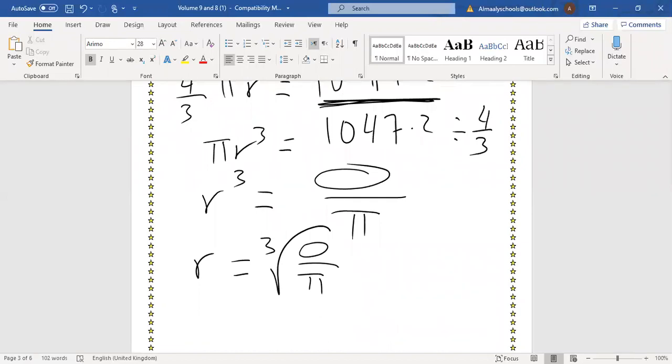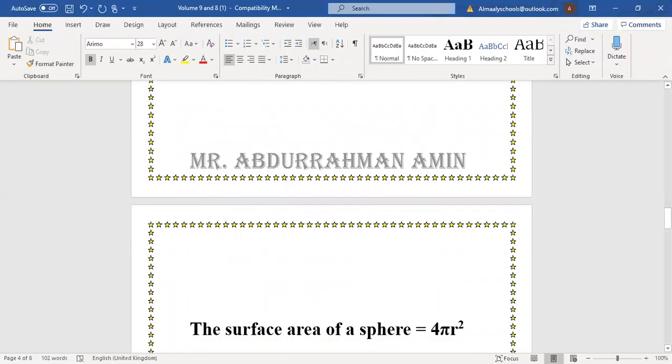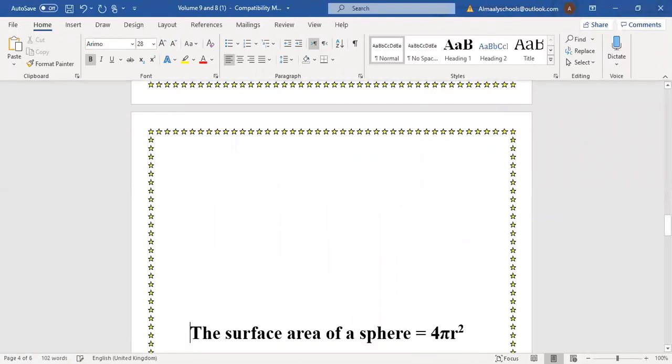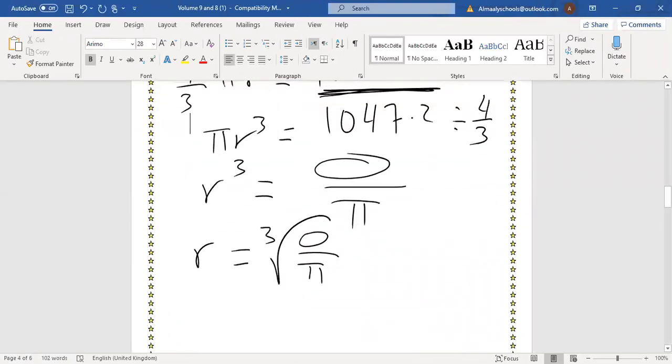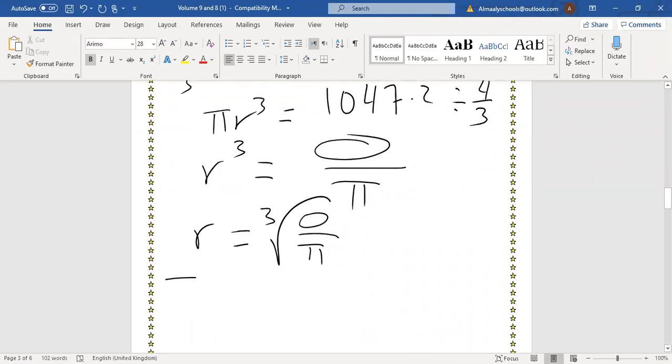Now, on the same page, go to question number 6. Nawaf Tariq, please read question number 6.